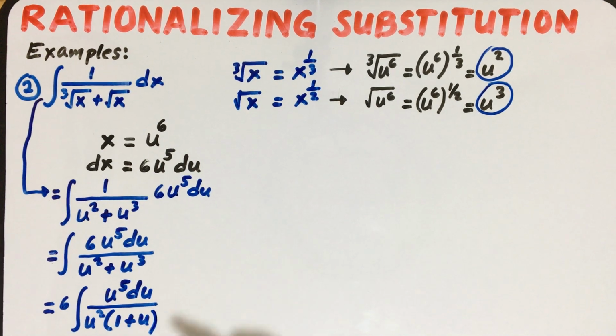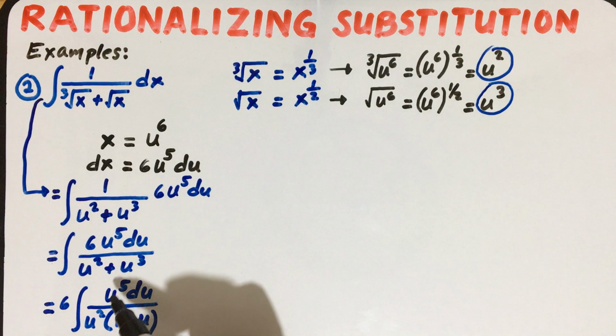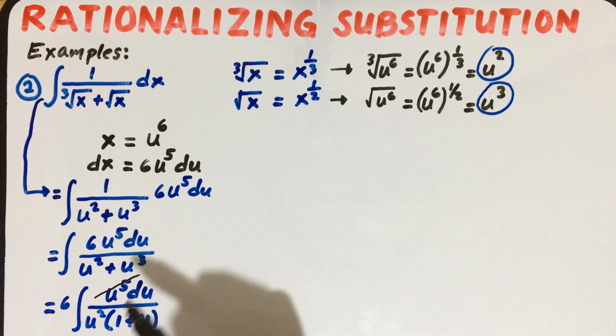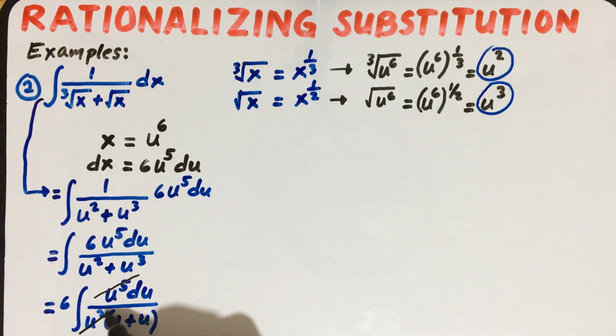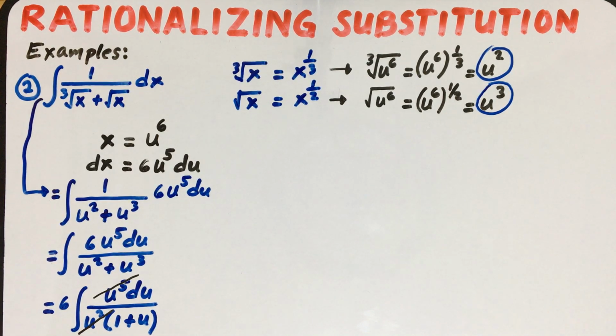So we have u to the 5th power at the numerator, and then we have u squared at the denominator, so we can factor out the common factor, which is u squared. So what is left at the numerator?